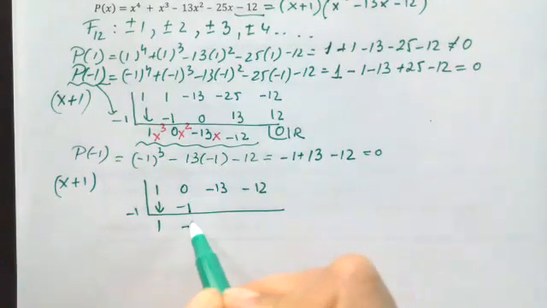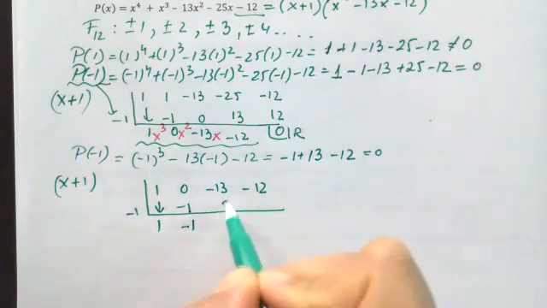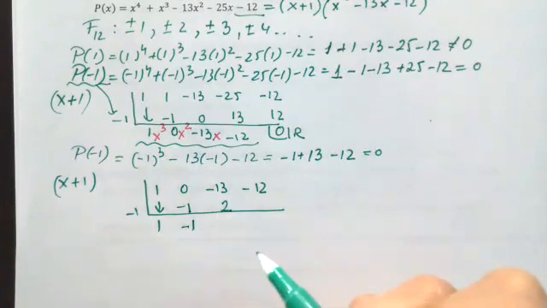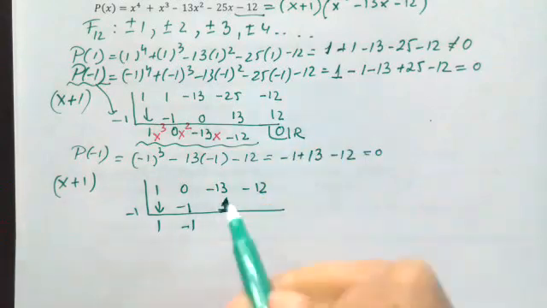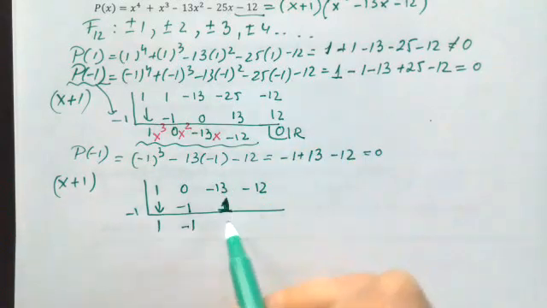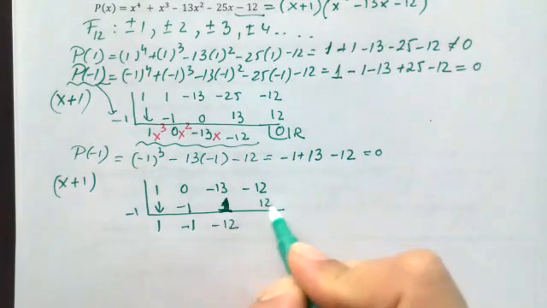Add vertically, -1. 2, add vertically. Not 2, 1. I was like, where is my 12? -1 times -1 is 1. Add vertically, -12, 12, 0.